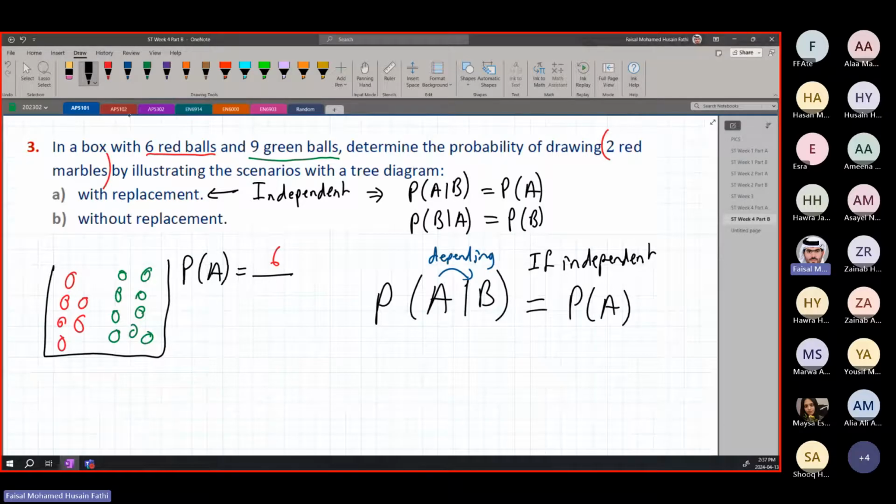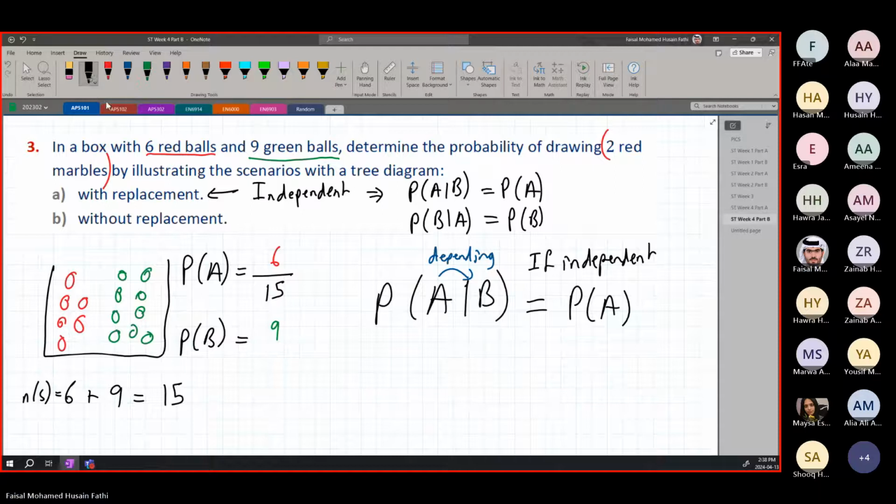What is our total sample space? It is 6 plus 9. We have 6 red balls plus 9 green balls. So 6 plus 9 is 15. So this is our total number, 15. And P of B is equal to how many green balls we have? We have 9 over 15.